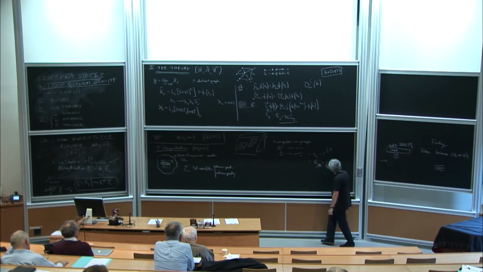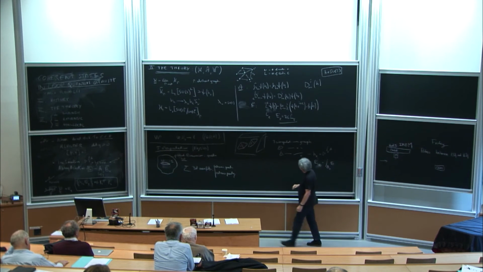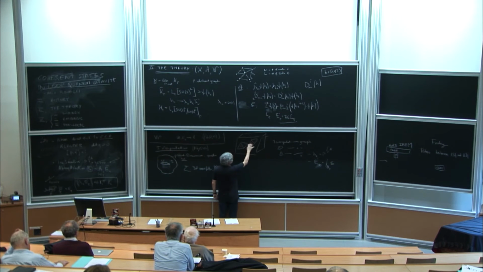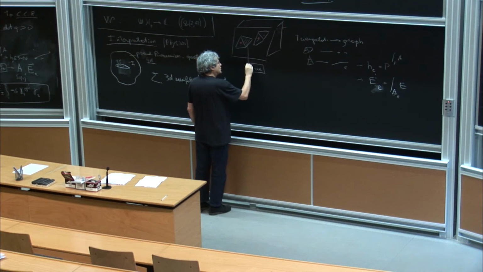This is a triad. Let me ask, what is this? It is a pseudo-Riemannian object. This is space-like. So there's a metric here, and I can ask what is the area of this triangle.